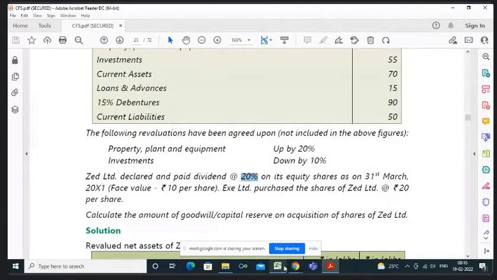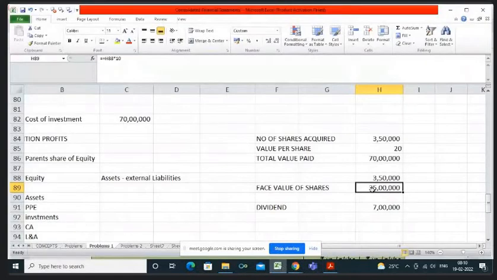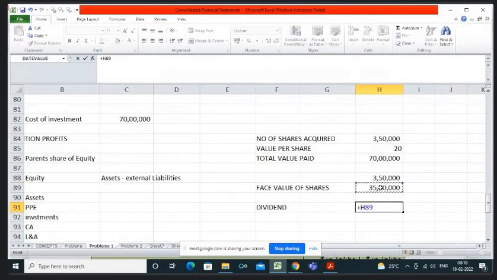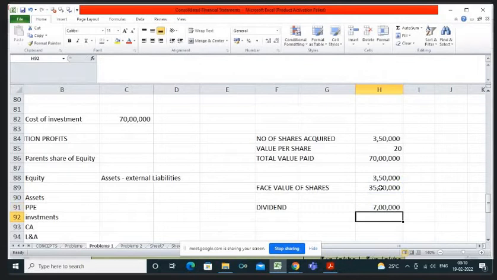Our face value of shares is 35 lakhs and we would have got a dividend of 7 lakhs, 35 lakhs into 20%. This is the amount of dividend we would have received. We have to do this since this is the dividend out of the pre-acquisition profits.